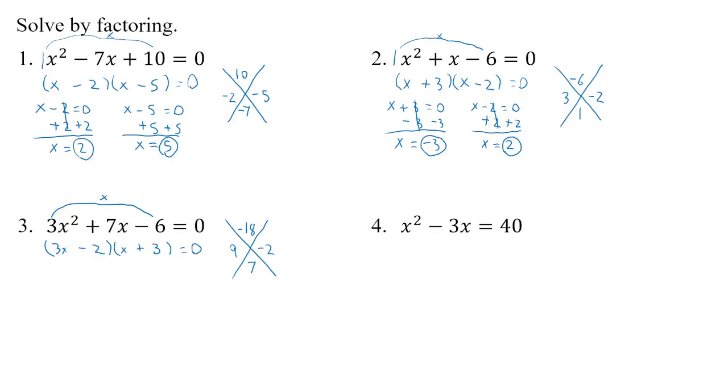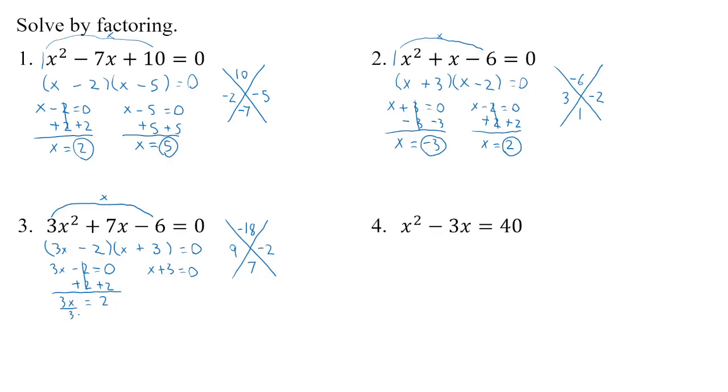Now we're going to set each factor equal to 0. Therefore, 3x minus 2 equals 0, and x plus 3 equals 0. To solve the first equation, we're going to add 2 to both sides, and you'll have 3x equal 2.